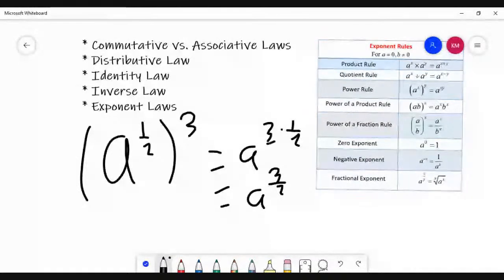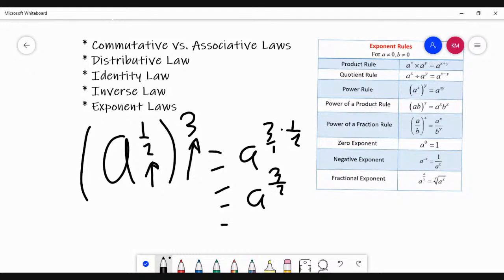Because, of course, 3/1 times 1/2 gives me 3/2. So now, the fractional exponent came about when they took a base that is raised to a fraction, and then raise it again to a whole number. And that allows you to get the fractional exponent.